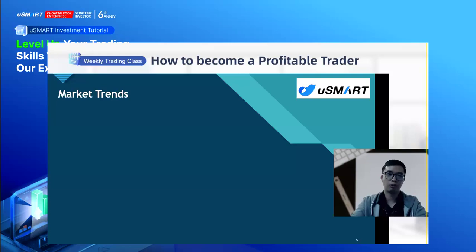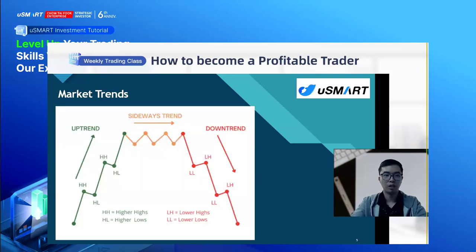For downtrends, we want to avoid them at all costs. We don't want to trade this kind of market. All right, so these are the examples of how we determine an uptrend, sideways trend, or downtrend.